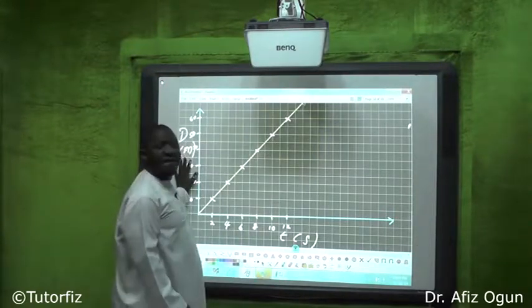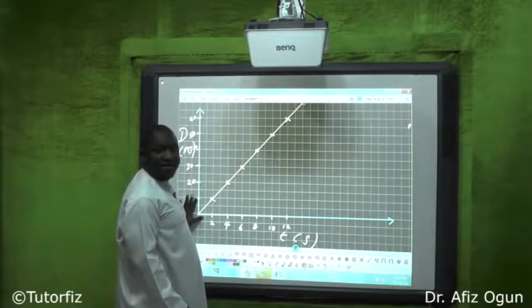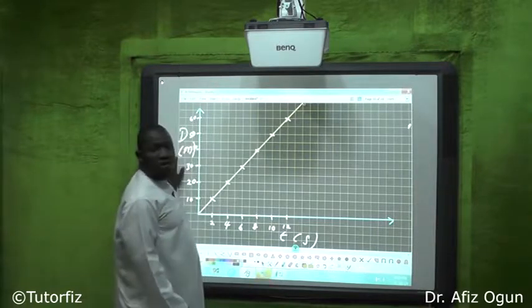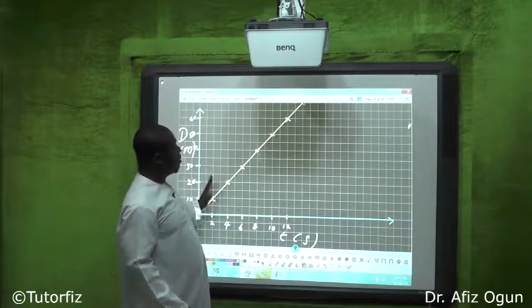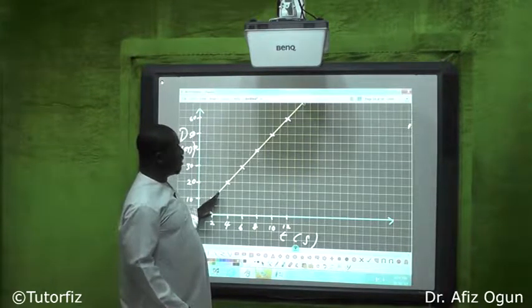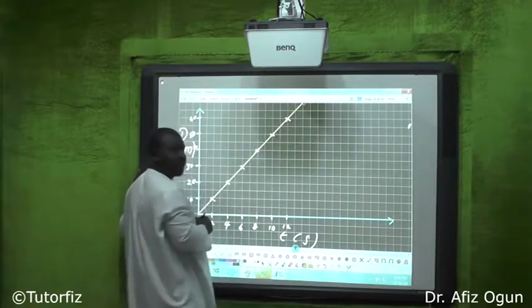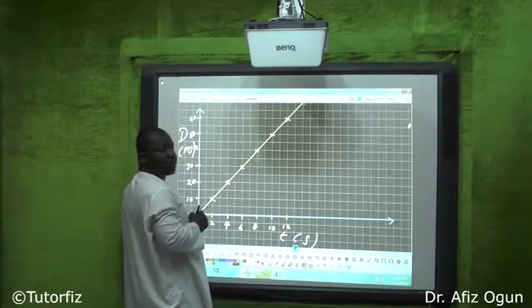You can see it's a straight line graph passing through the origin. Once you see a straight line graph like this, you know the body does not curve, the steepness does not change. What do I mean by steepness? The steepness does not change. You know that this body is moving with uniform or constant speed.